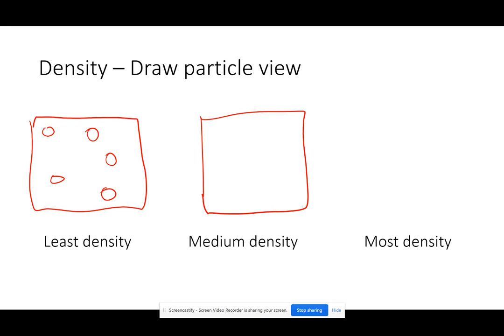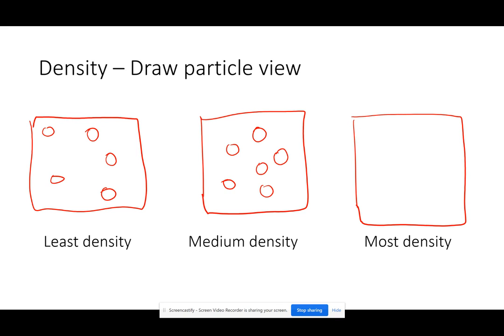Substances with medium density would have their particles a little bit closer together, sort of like this. And substances that are very dense have their particles very close together. They are usually solids, and you would see their particles arranged in a very ordered fashion.